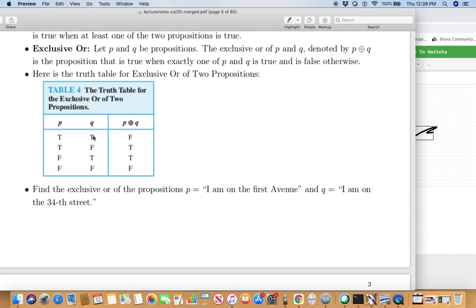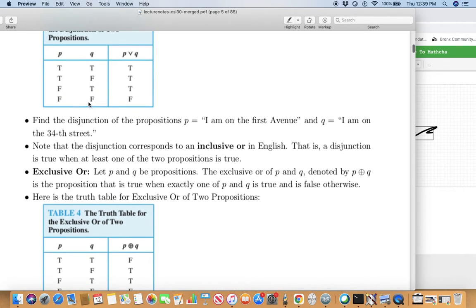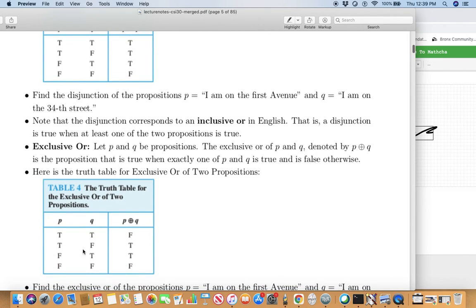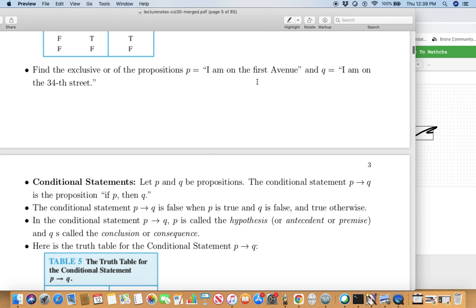If they are both true, the result is false. That's the meaning of exclusive or. Compare it with the inclusive or. Or is true if both are true. It doesn't have a problem with that. But exclusive or, if both are true, it's not okay. If exactly one of them is true, the result is true. Otherwise, it's false.